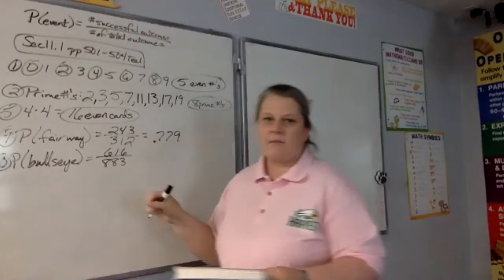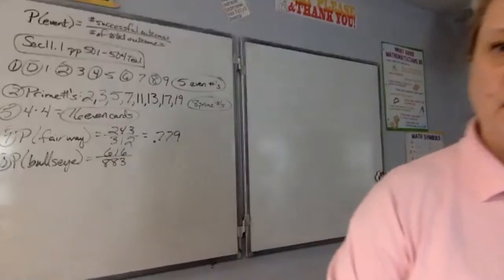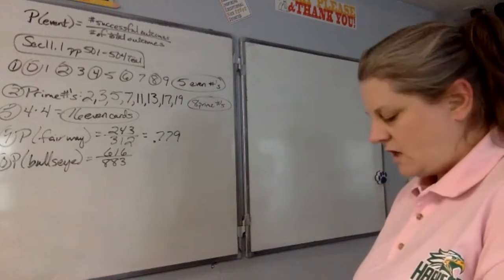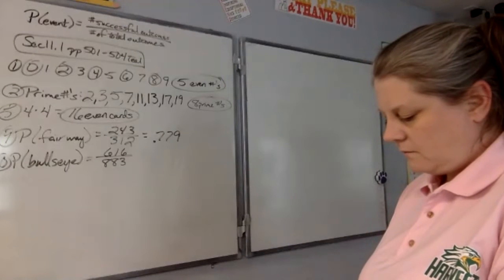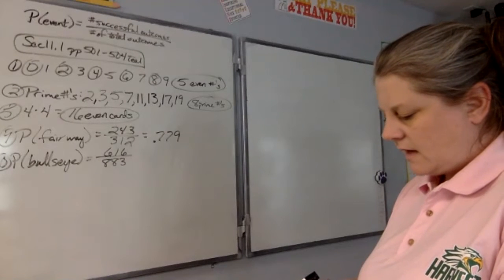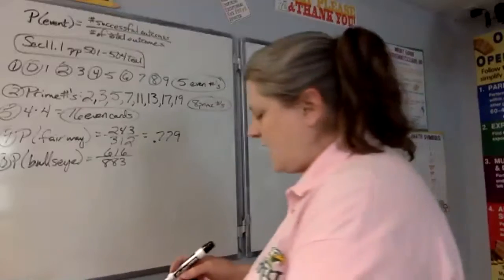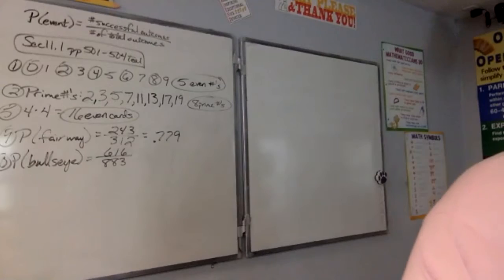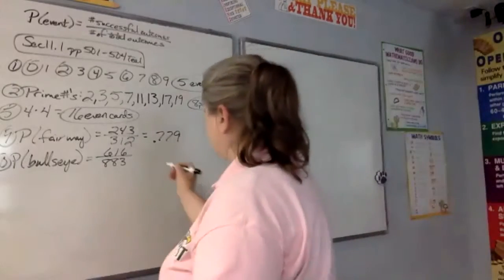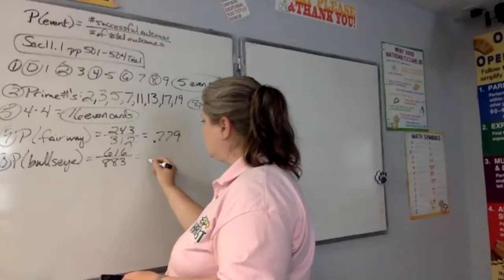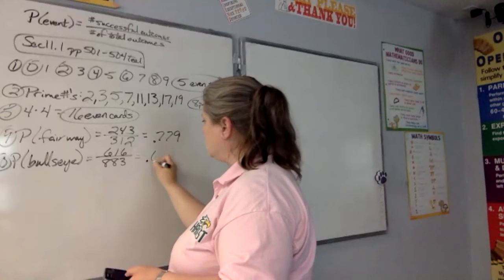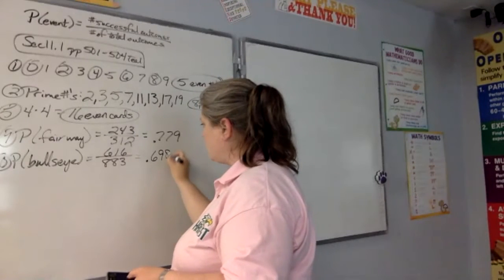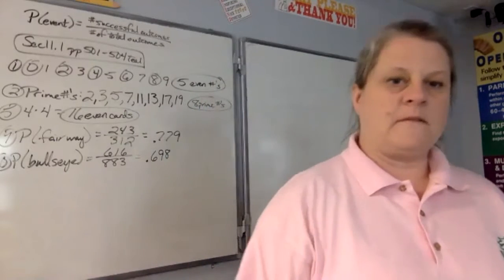The number of times that he successfully hit it goes on the top. The number of times he tried total goes on the bottom. You divide, and it doesn't reduce, and you get a decimal. You round to 3 decimal places, so be careful rounding. It's 0.698.